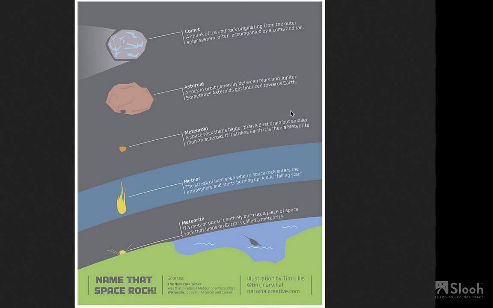Now, if a meteor survives the fall through our atmosphere and hits all the way down to Earth's surface, meaning it didn't entirely burn up, we call this piece of space rock a meteorite. And these are the objects that a lot of astronomers study. We have chondrites, chondrules. We study these objects because they tell us about the early solar system formation, because these objects came from not Earth.